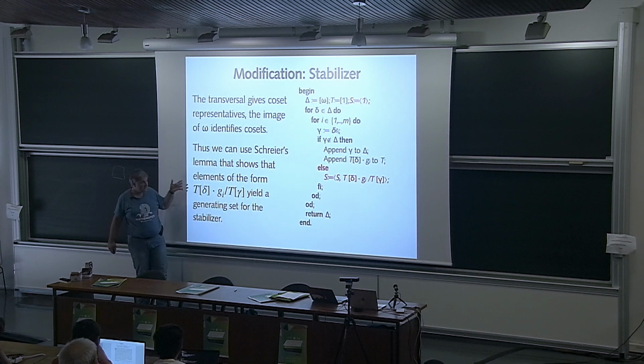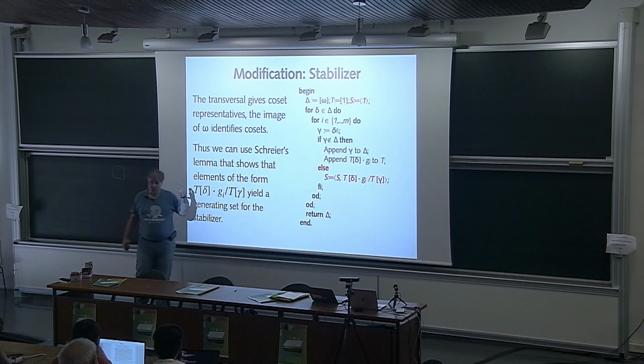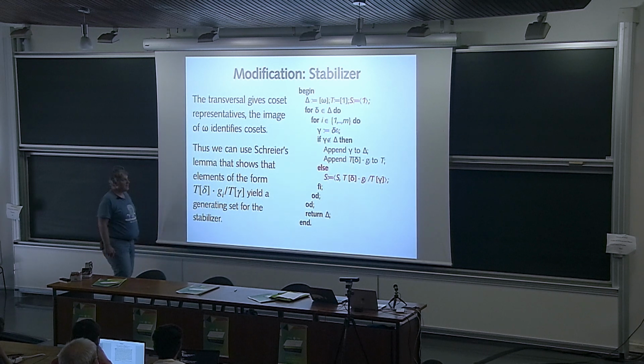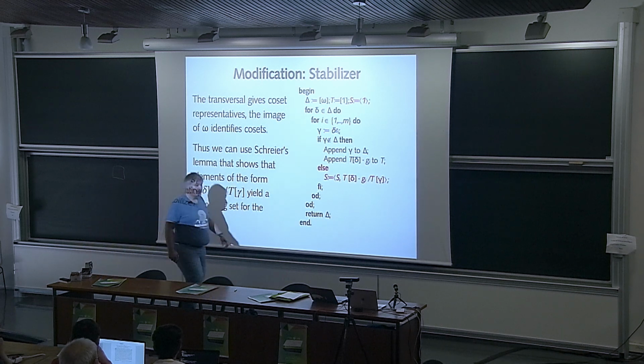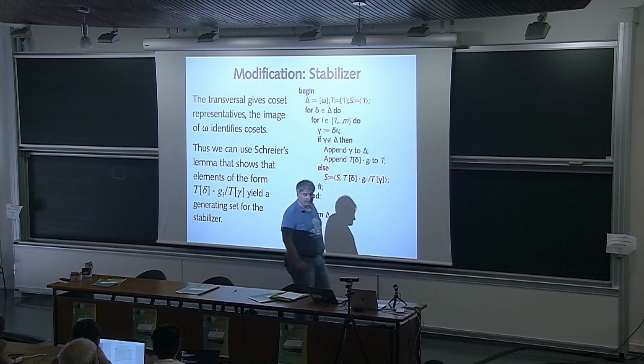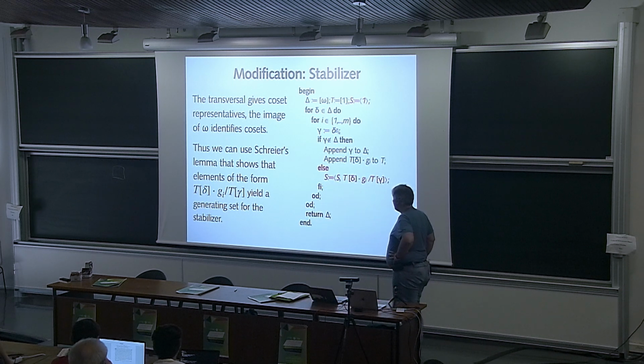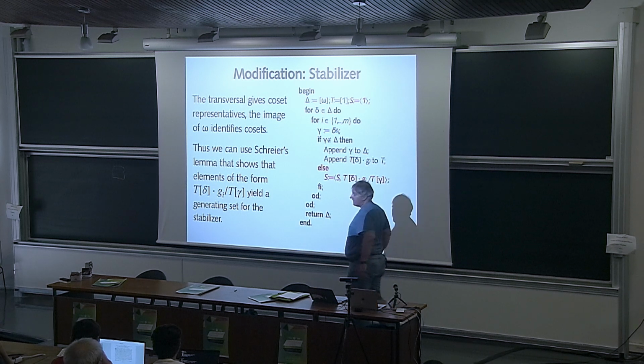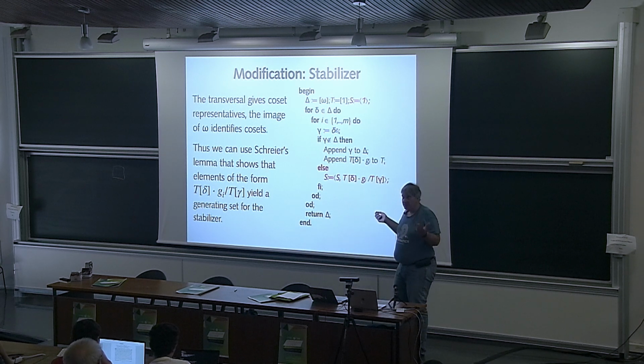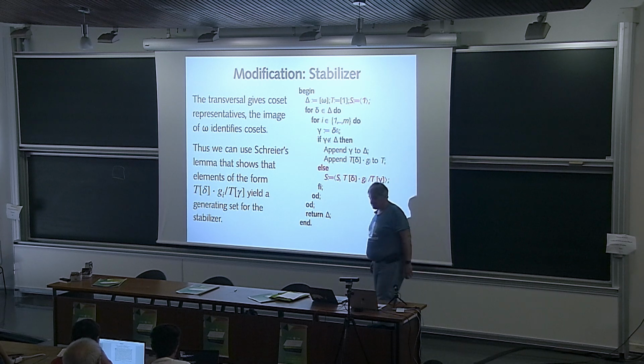So that is clearly in the stabilizer. Schreier's lemma says that if I do this systematically, these elements together generate the stabilizer. So what I just need to do is collect these elements together. That will give me a generating set for the stabilizer.